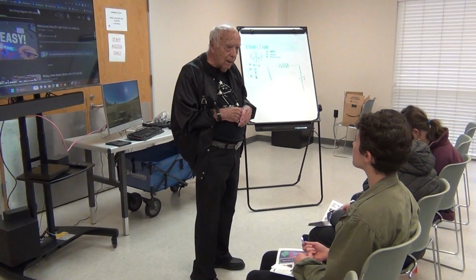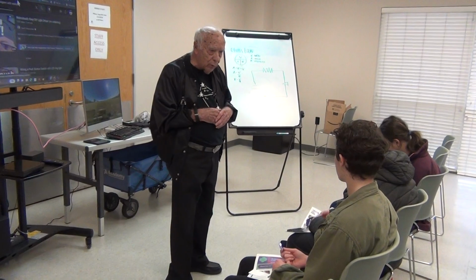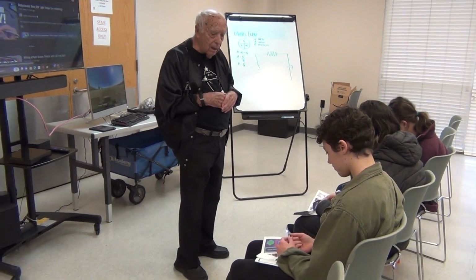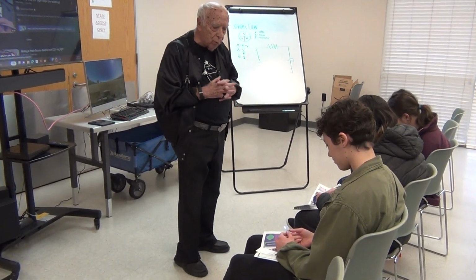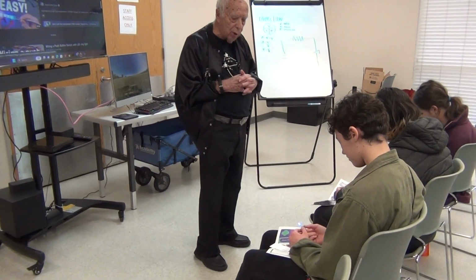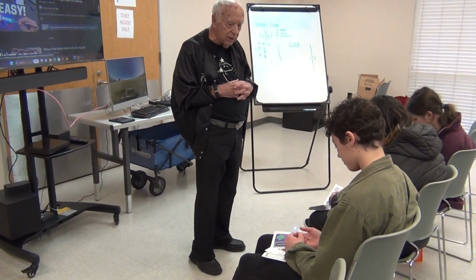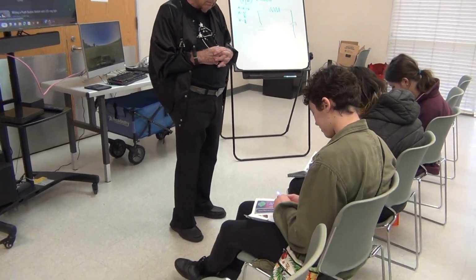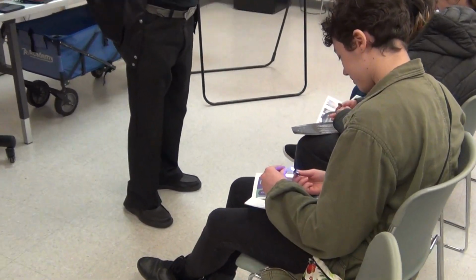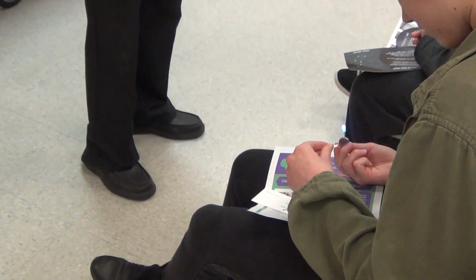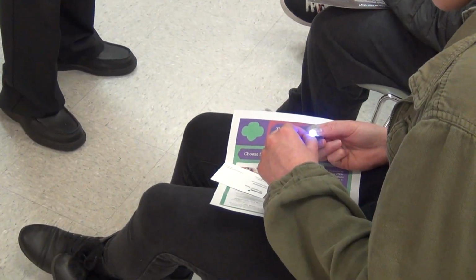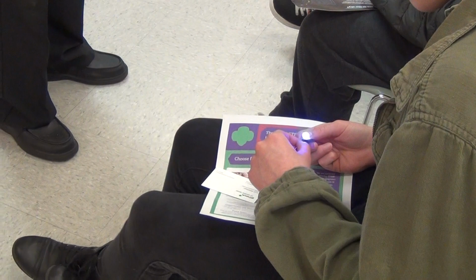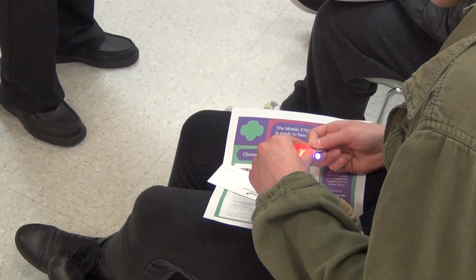So, if you've got a 3-volt battery, and these take 2 to 3 volts, try it with 2 LEDs and see what happens. Do they both light at the same time? Good.